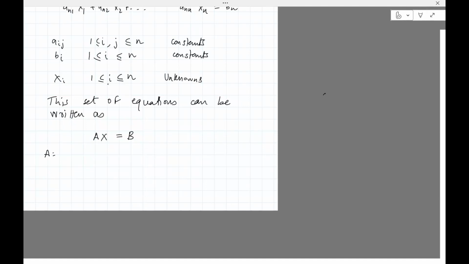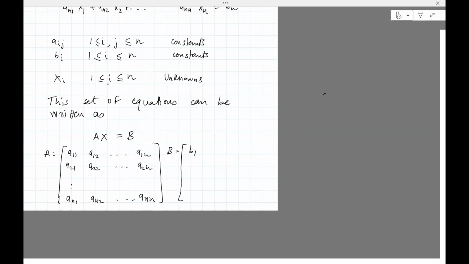Here A would be something like this: a11, a12, so on till a1n, a21, a22, so on till a2n, keep going left to right and up to down, an1, an2, so on till ann. b would be b1, b2, so on till bn.